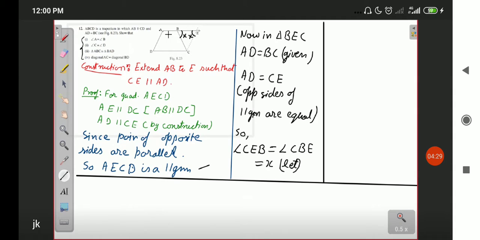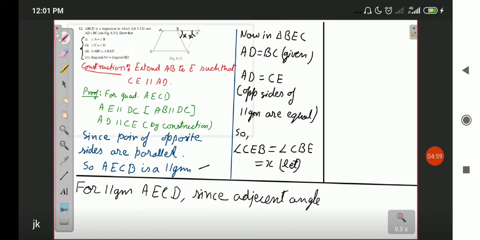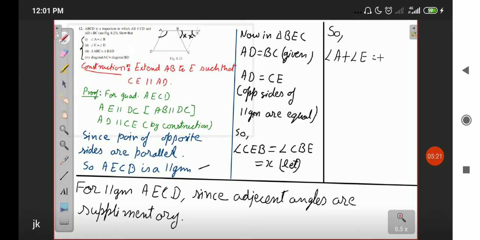Now see, for parallelogram ADCE, or we can say AECD, since adjacent angles are supplementary, what we have is angle A plus angle E is equal to 180 degrees.